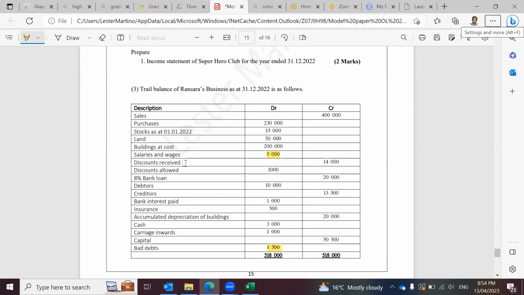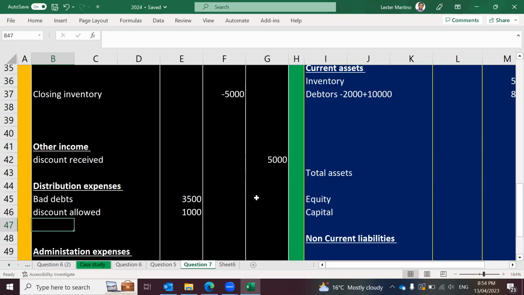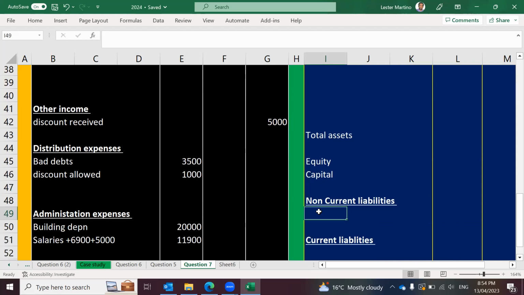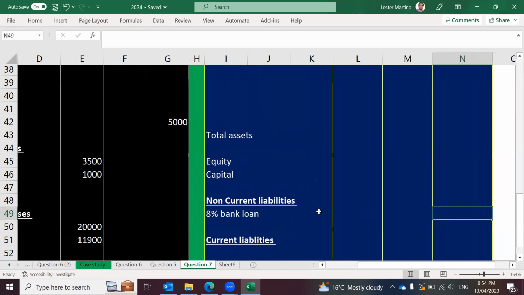Next one, 8% bank loan, 20,000. Go to the non-current liabilities, 8% bank loan, 20,000. Third column, 20,000.